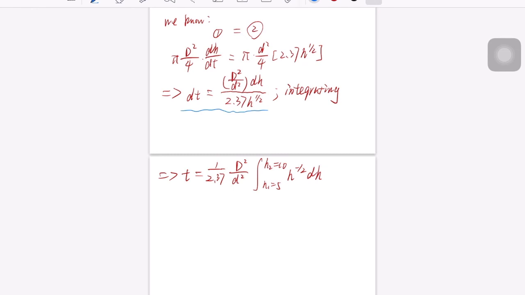Since we need to drain 50% of the tank, so H1 equals 10 feet and H2 equals 5 feet.